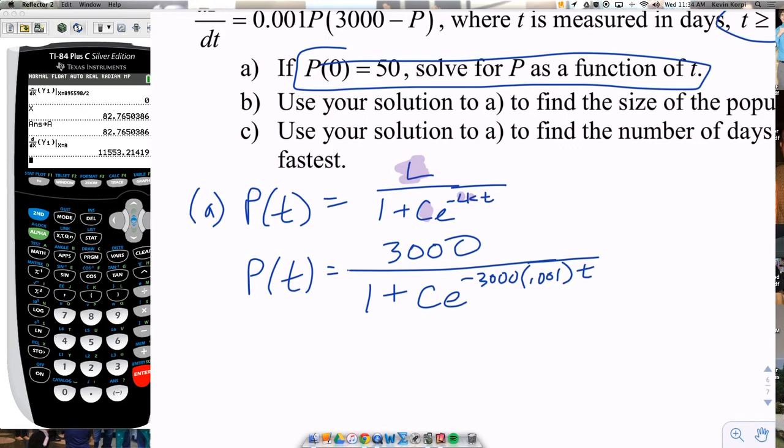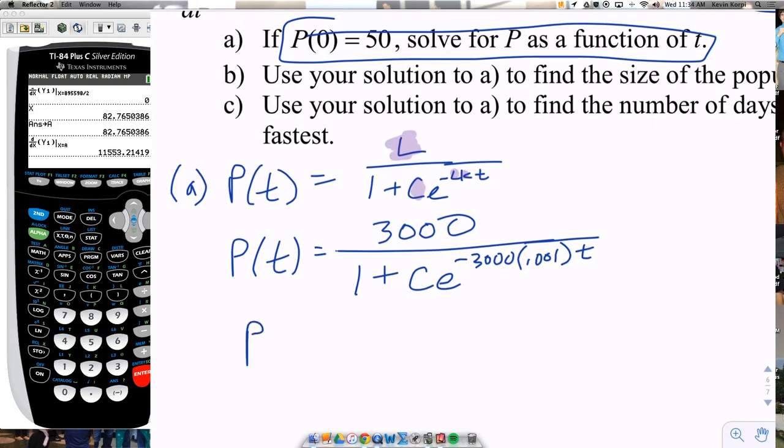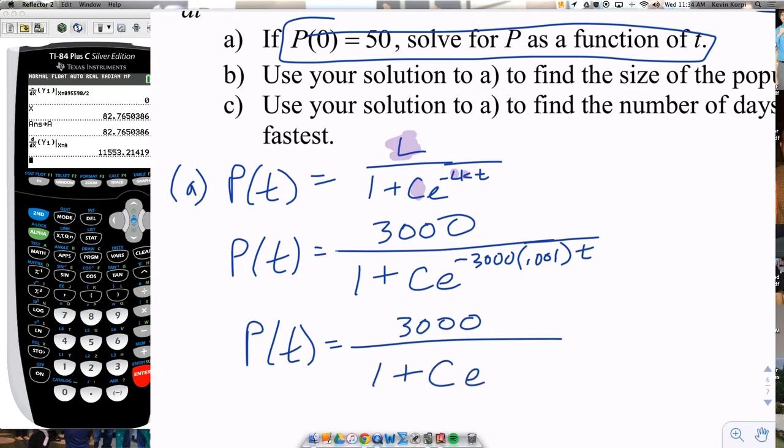Now, of course, you can simplify that because that's the same as 3,000 divided by 1,000. So you could say P of t equals 3,000 all over 1 plus C e to the negative 3t.